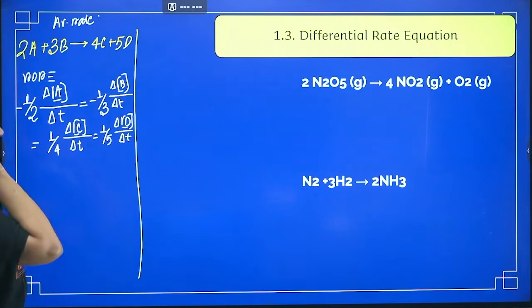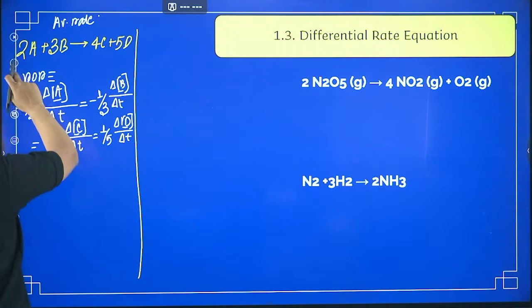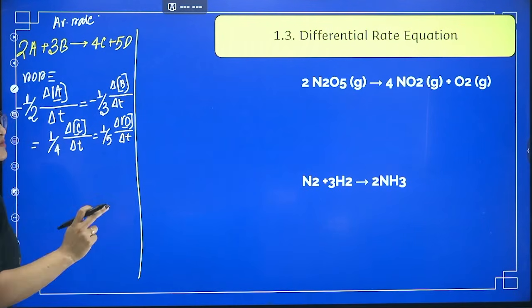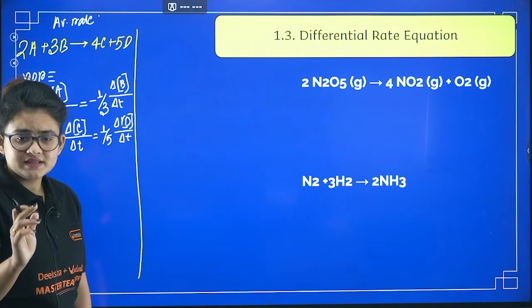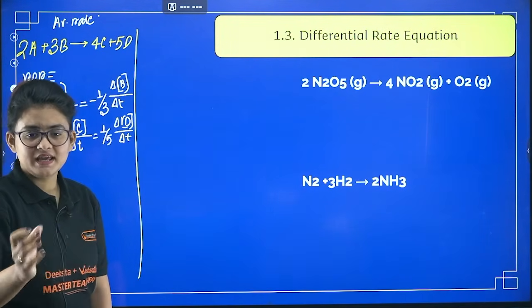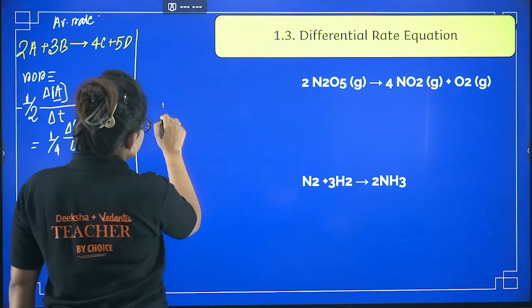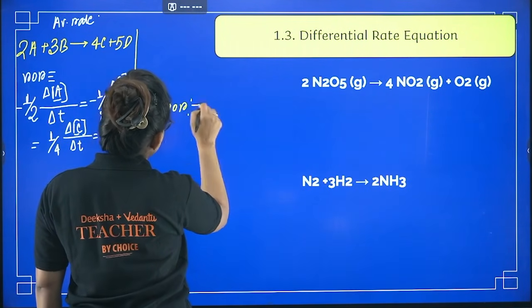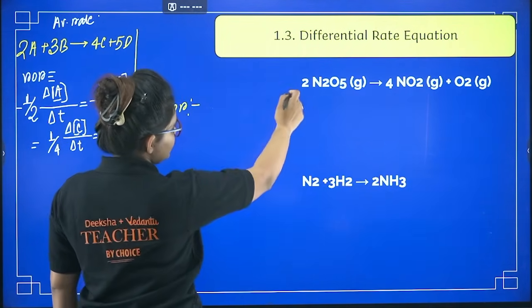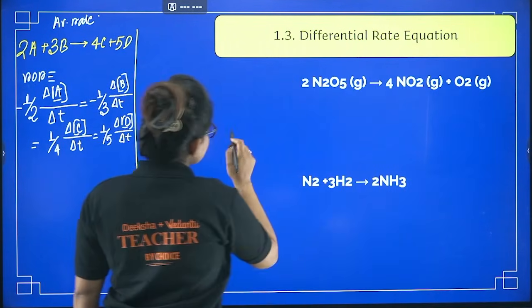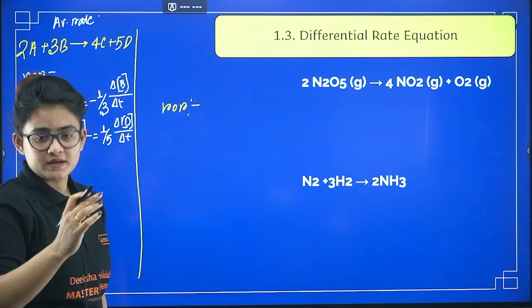Now let's proceed with the differential rate equation. Whenever it comes to the differential rate equation, nothing, just del will be changed with d, that's it. So rate of reaction for the given equation, you can see this is my reactant, these are my products. So reactant will disappear, right?